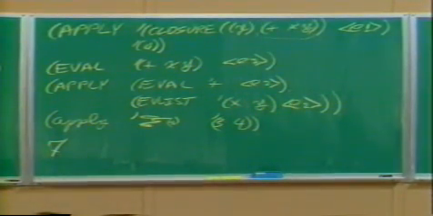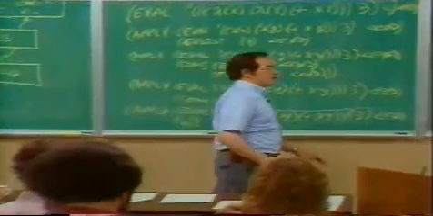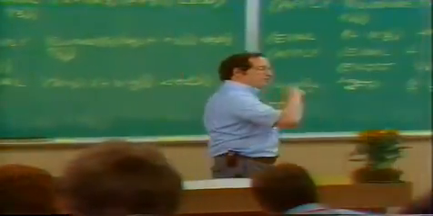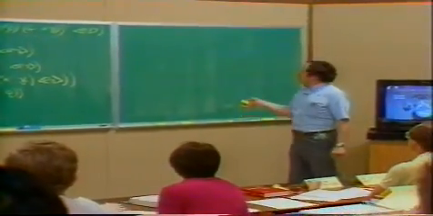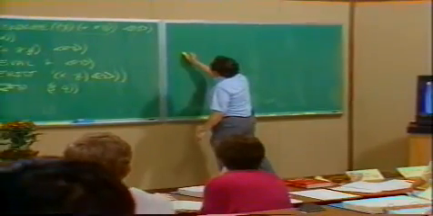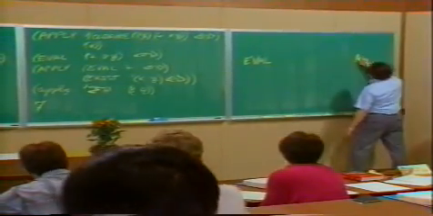Okay. I wanted to go through this so you would see essentially one important ingredient, which is what's being passed around and who owns what and what his job is. So what do we have here? We have eval and we have apply, the two main players.